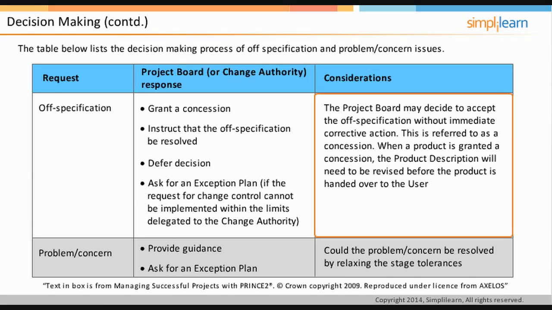When a product is granted a concession, the product description will need to be revised before the product is handed over to the user. In case of the third type, that is, problem or concern, the project board may provide guidance or may ask for an exception plan. The problem or concern could be resolved by relaxing the stage tolerances.